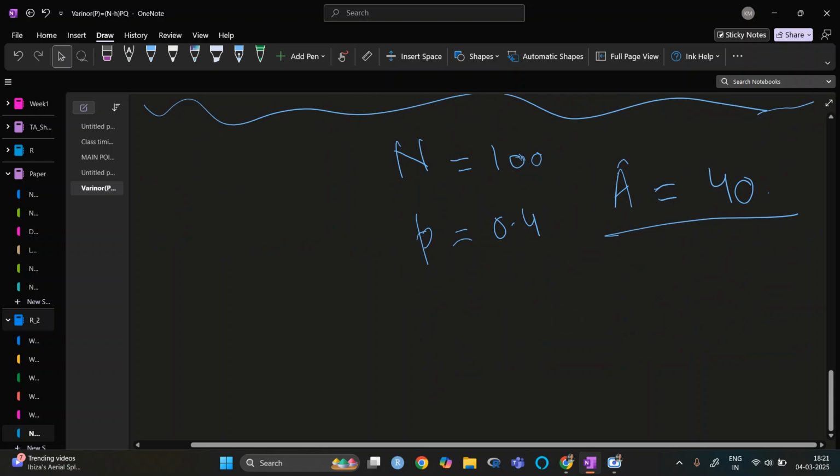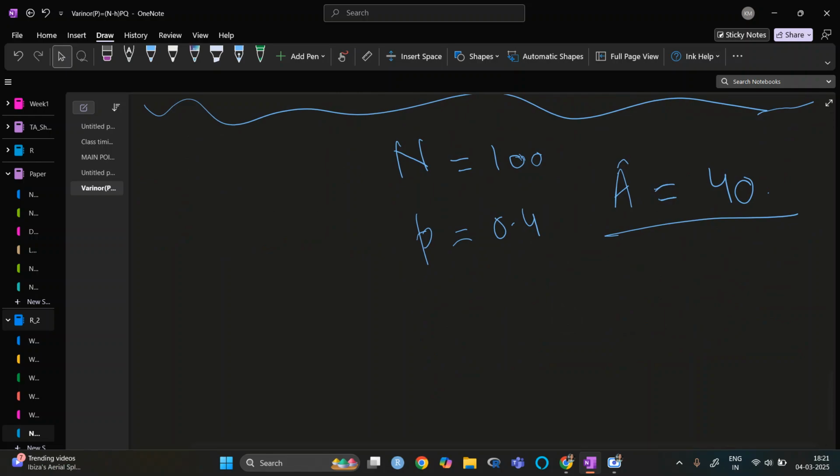Because till now what we were saying is that 40%, so rather than 40% we can say that 40 are agreeing, so 40 is the population total. Let me rephrase it.